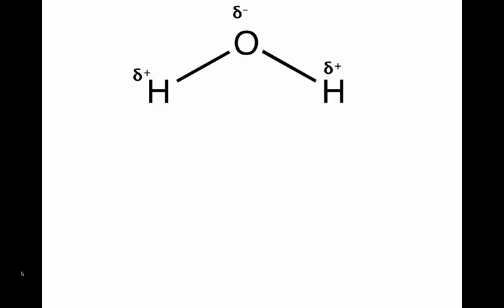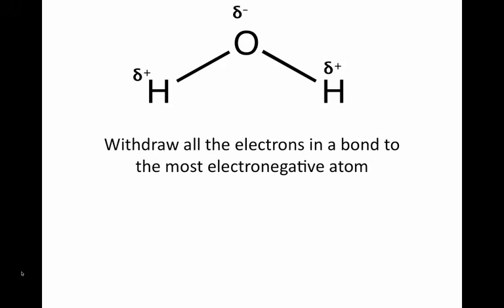So if you take a compound like H2O, water, you remember that there's a small negative charge on the oxygen and small positive charges on the hydrogens. And what we do when we assign oxidation numbers is we just imagine that we're going to withdraw all the electrons in a bond to the most electronegative atom. So if we did this, oxygen would get 2 extra electrons and become 2-, and the H's would lose their share of the electrons in the bonds and become plus.